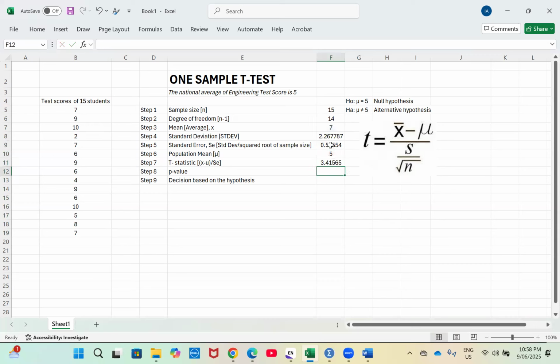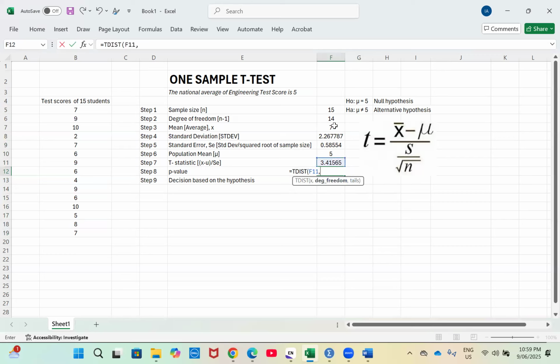And that will give us this. For us to get the p-value, it's very simple. We put the equal sign here, and then T.DIST, where the x represents the t statistic.